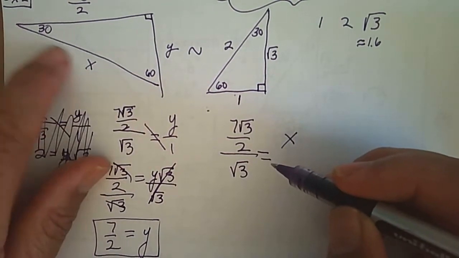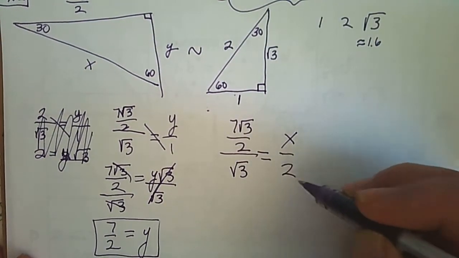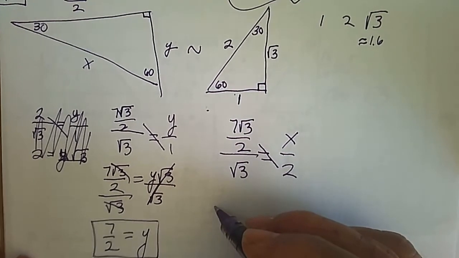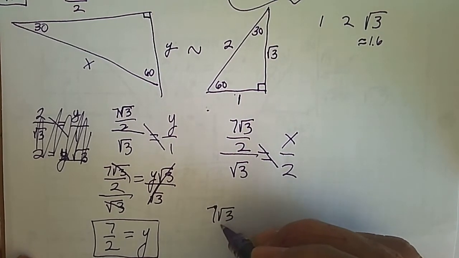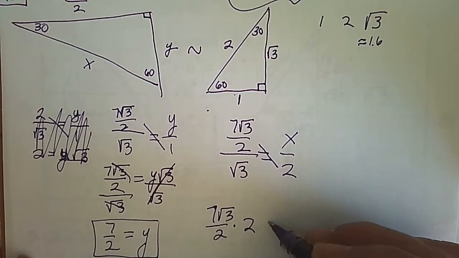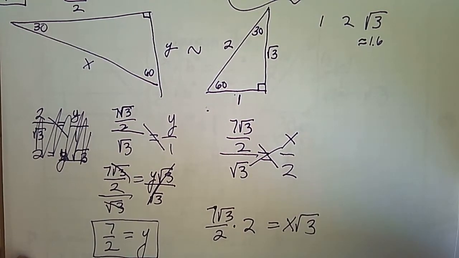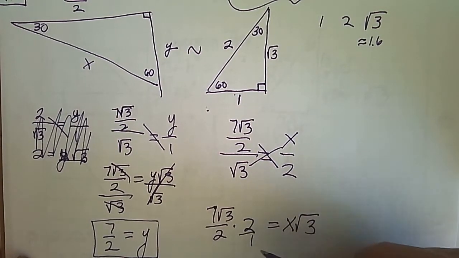X is the hypotenuse. What is the hypotenuse over here? That would be 2. Cross multiplying, you have 7 radical 3 over 2 multiplied by 2 is equal to x radical 3. Now, if that's a fraction, make this a fraction.